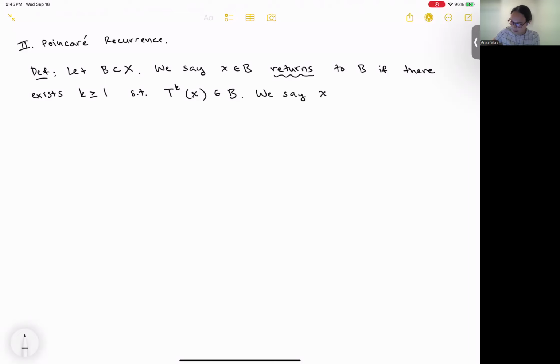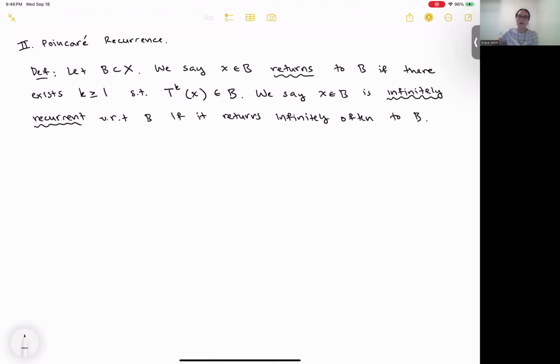We say x in B is infinitely recurrent with respect to B if it returns infinitely often to B. And what that means in terms of this transformation and its iterates, i.e., there exists an increasing sequence k_n in the natural numbers such that T^{k_n}(x) is in B. Okay.